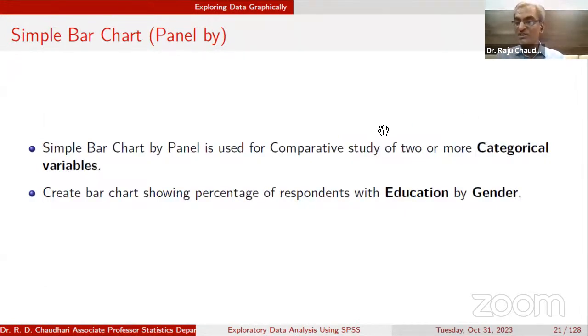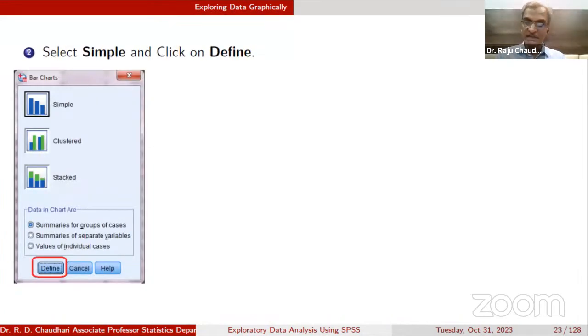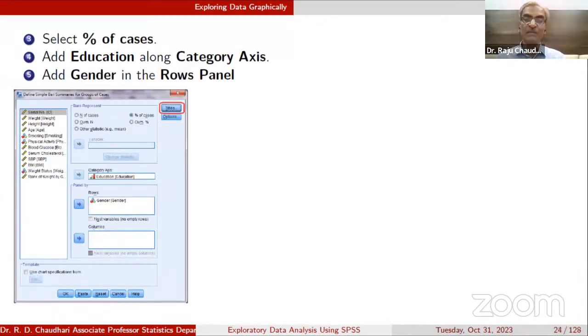For example, education and gender. I want to compare education level gender-wise. So go to graphs, legacy, bar, again simple, and click on the define button.